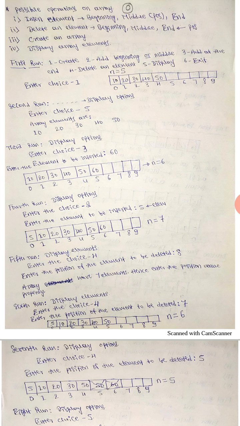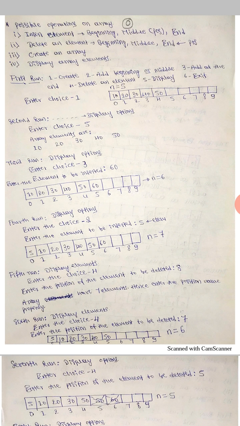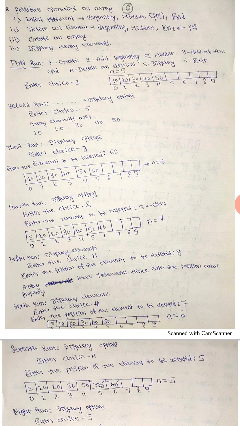Again, the second possible operation is display of array elements. That can be done with the help of a for loop and printf function. A for loop is used to traverse array elements one by one, and with the help of printf function, each time we are going to print an element of the array.